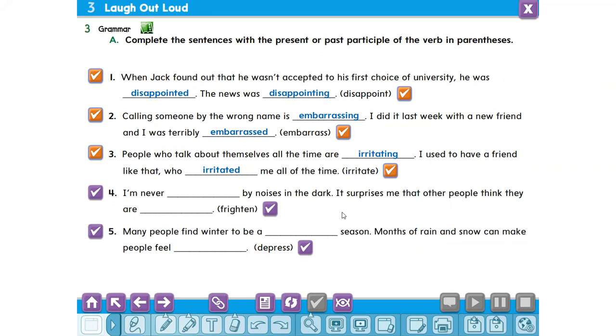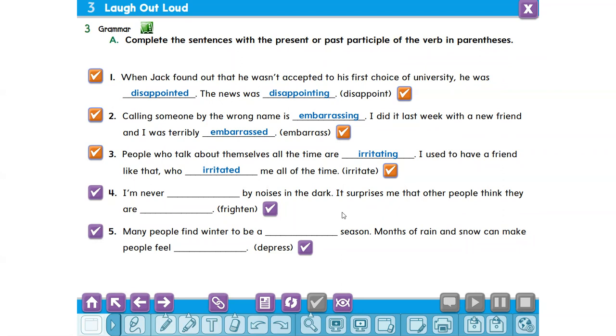It surprises me that other people think they are. And we're going to use the verb frighten.